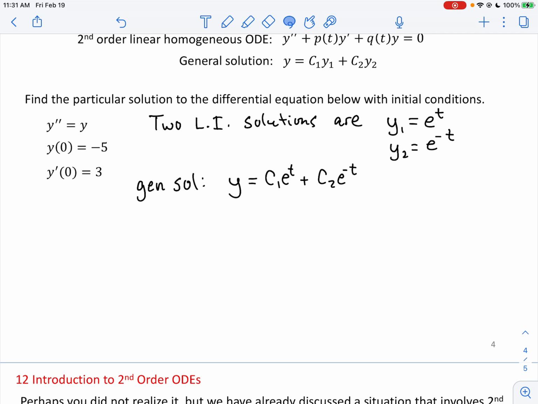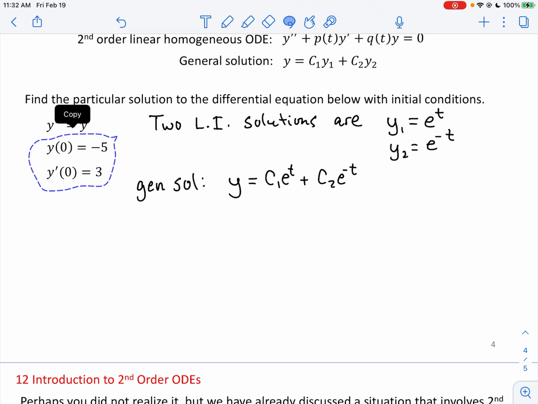Now, in order to find a particular solution, we need to have data not only for the y at a certain t, but also for y prime. If you're working with a second order differential equation and you want to be able to find a particular solution, you need to have double information. You need to know information about y and y prime.